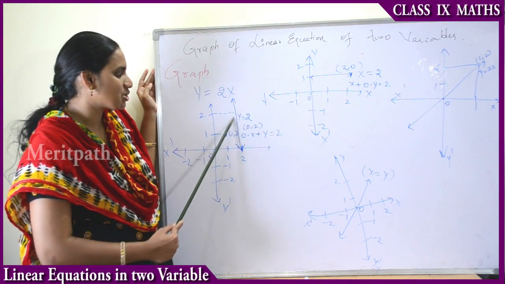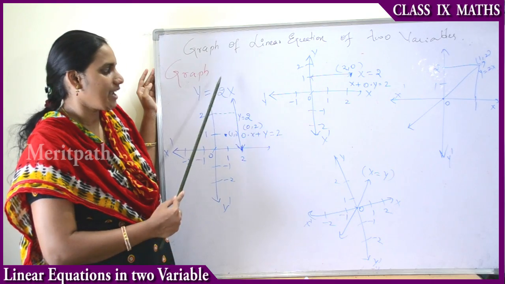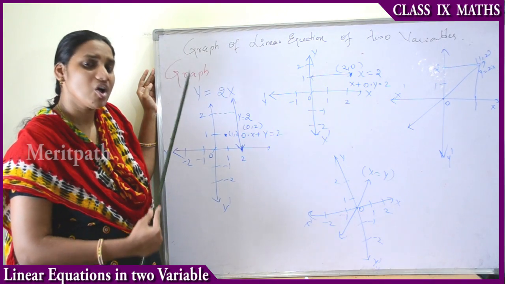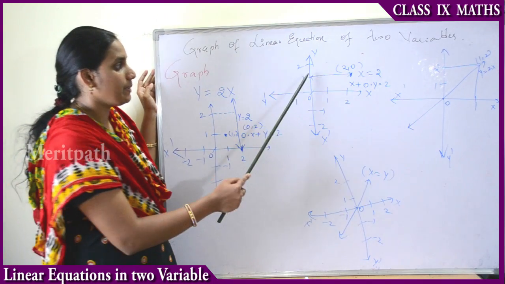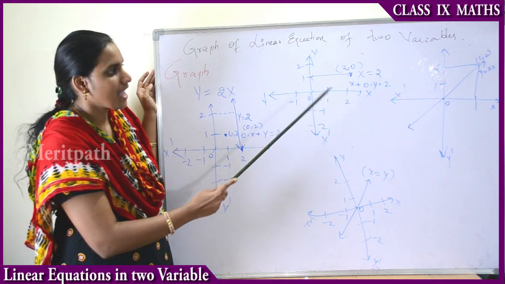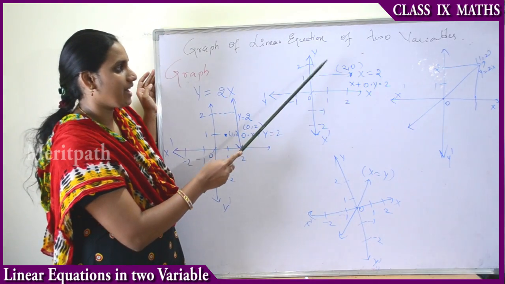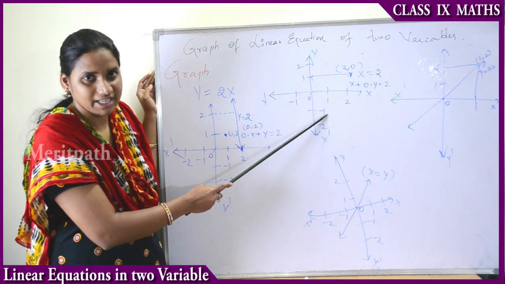Here y equals 2 is the constant. It will always be perpendicular to the y axis. When the y coordinate is 0, it will be parallel to the horizontal axis, that is the x-axis, and the equation x equals 2 and the axis will both be parallel to each other.